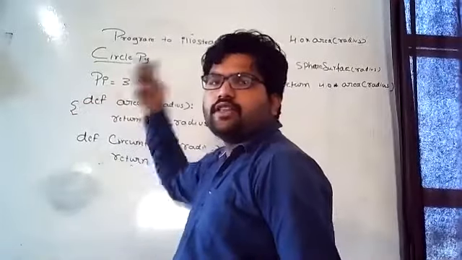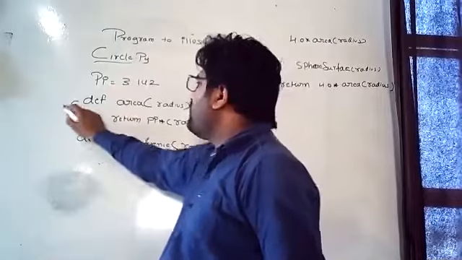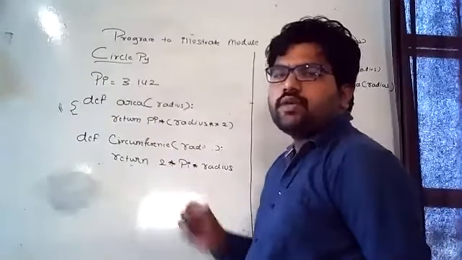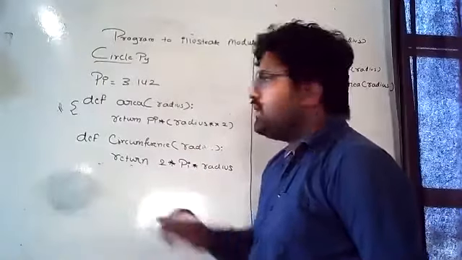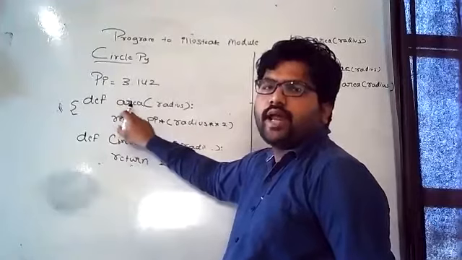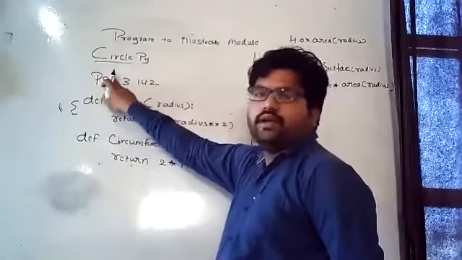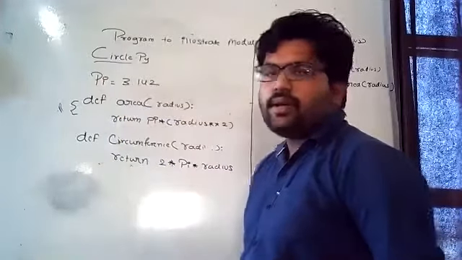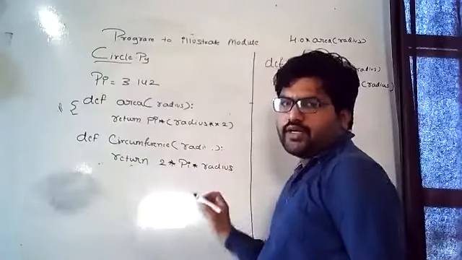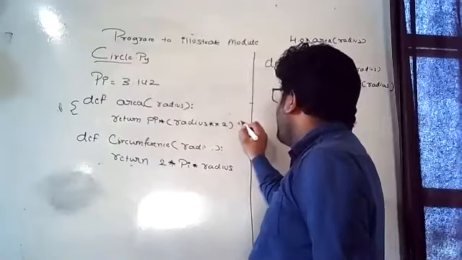This module has three functions. This is called the first function, f1. What is the work of this one? Definition of area. This function is going to calculate the area of a circle. What is the formula of area of circle? Pi into r square, radius into square.